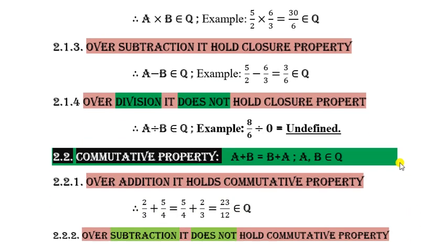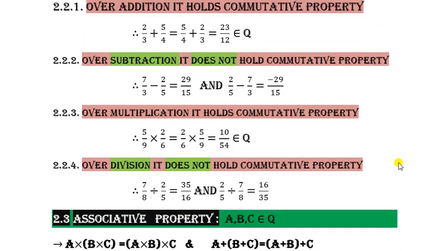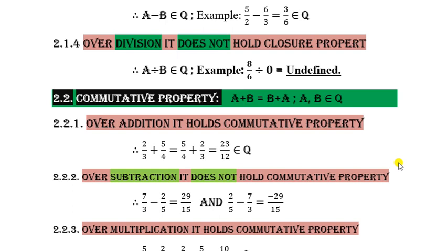Now I am going to explain the commutative property. Commutative property means we take any two numbers and change their places. If after changing the places the result is the same, then it is commutative. That means a plus b is equal to b plus a.